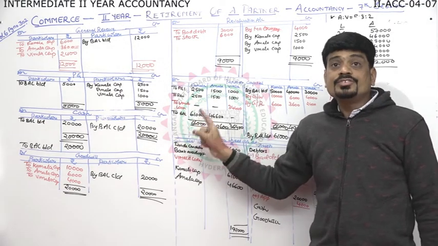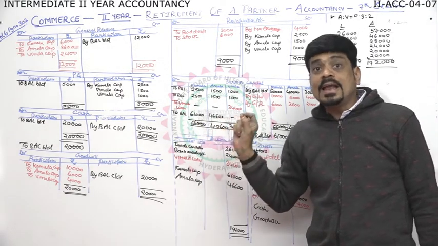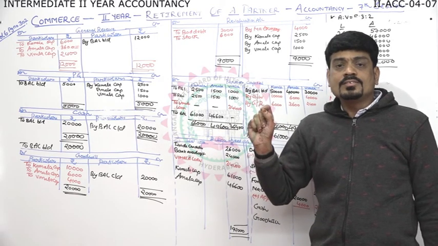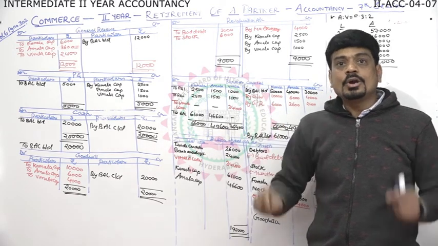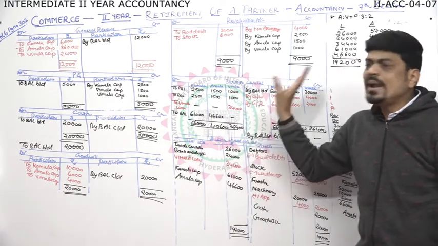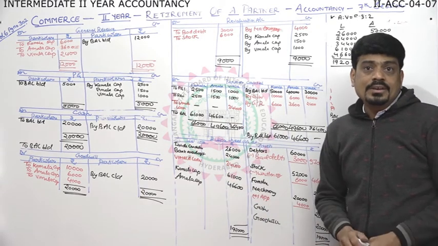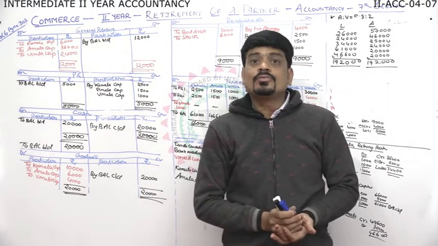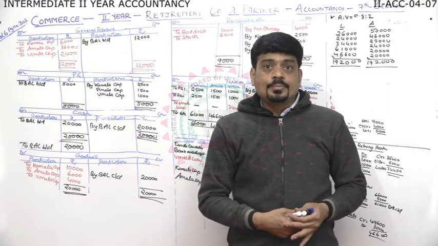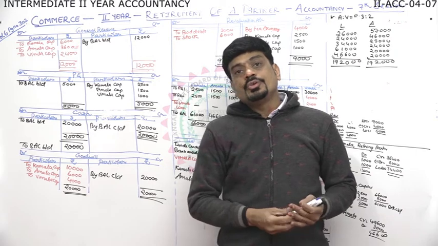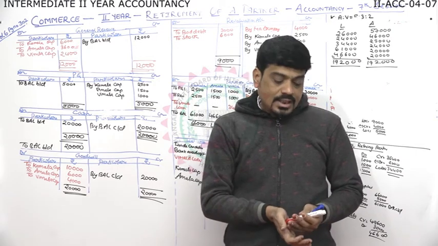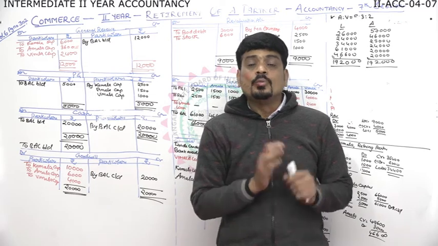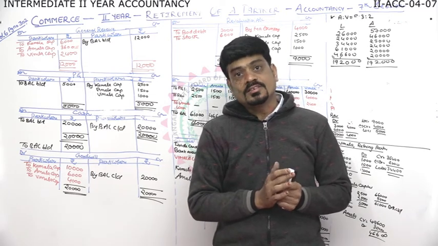Don't ignore this chapter, especially admission and retirement. Most of you have to focus mostly on admission, because once you know admission, automatically you will be able to do retirement. Hope in these 7 sessions of partnership, whatever I thought you have understood. And I feel that you should practice more and more to get success.